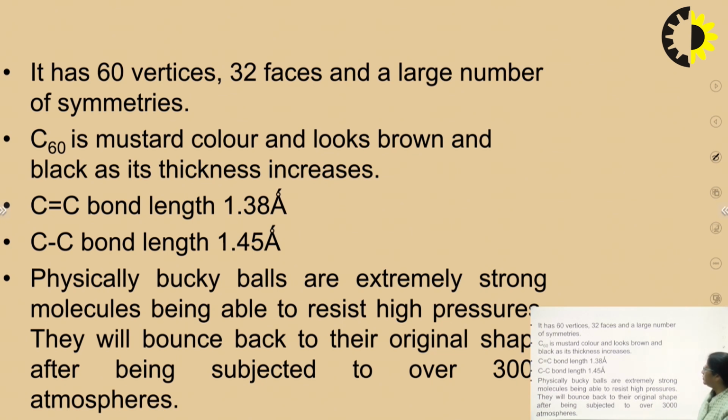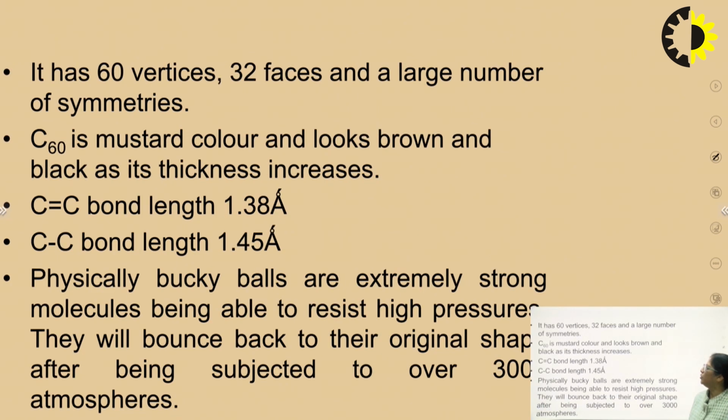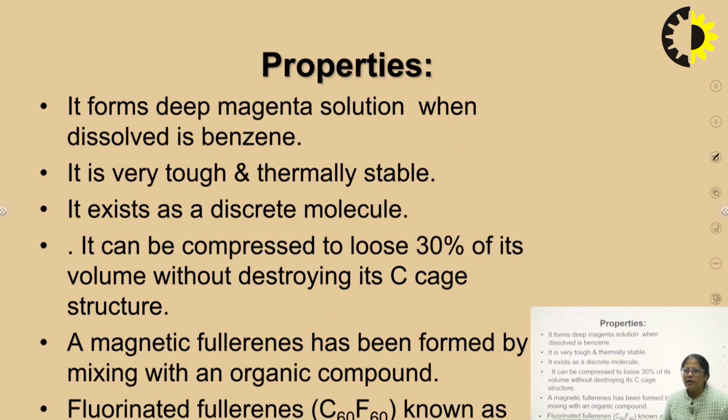Now, a magnetic fullerene has been formed by mixing with an organic compound. Fluorinated fullerenes are also known as Teflon balls. If we add fluorine to the fullerene C60, giving C60F60, then they are known as Teflon balls. That means the strength of the fullerene increases many times.